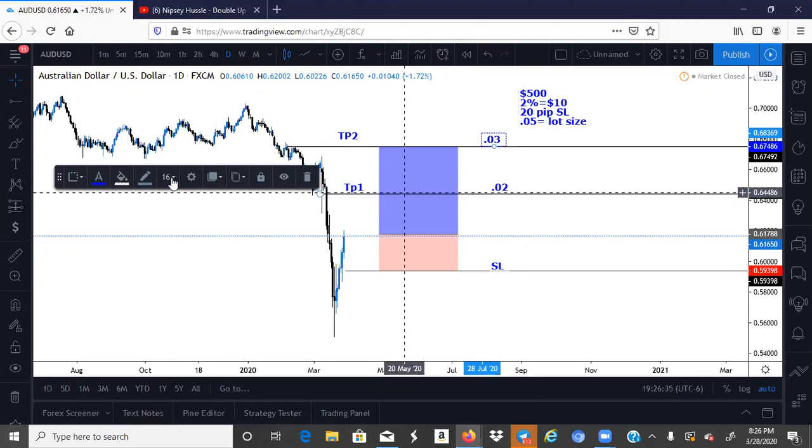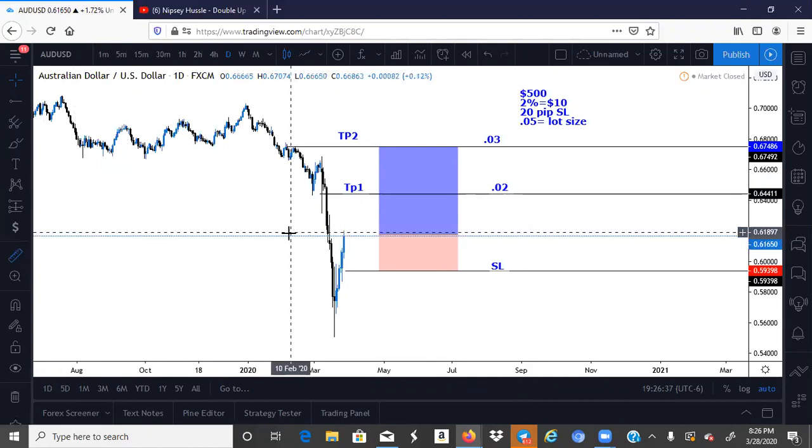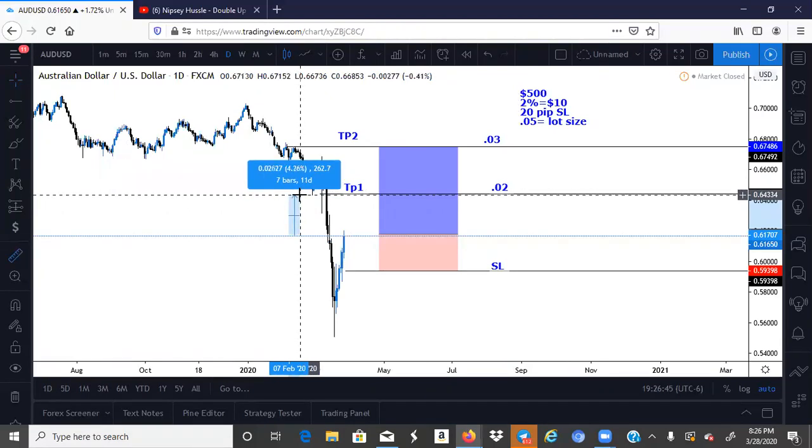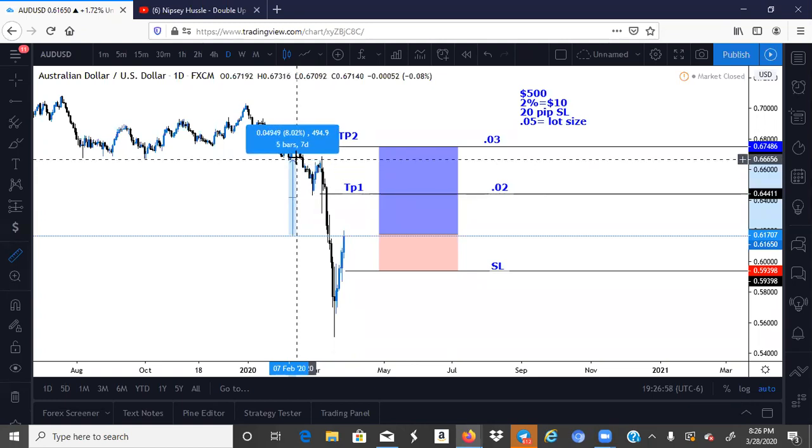But let's just say this was a real trade, right? TP1 hit for this is about 274 pips on a 0.02. That's $54.80 that you made on one trade.